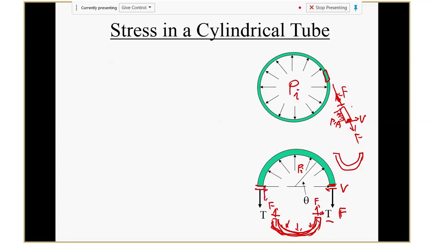The shear force must be 0, because otherwise, this part you're pushing outside, this side pushing inside. The two sides are not symmetric anymore. If you want symmetric, you have to have V. So, okay, here we can conclude the V must be 0. So therefore, only the tension F is there. Now, can we find out this tension F?